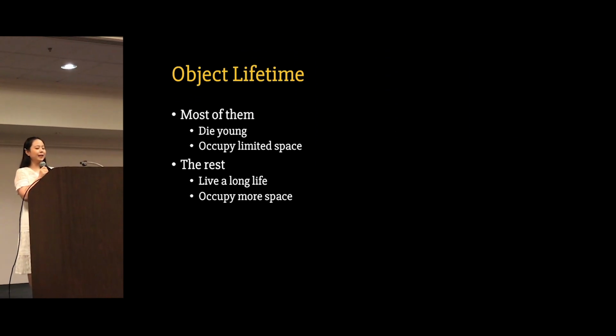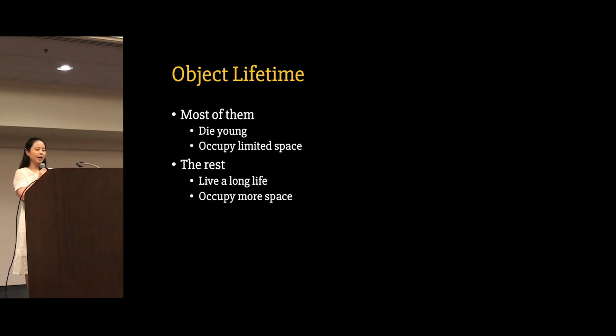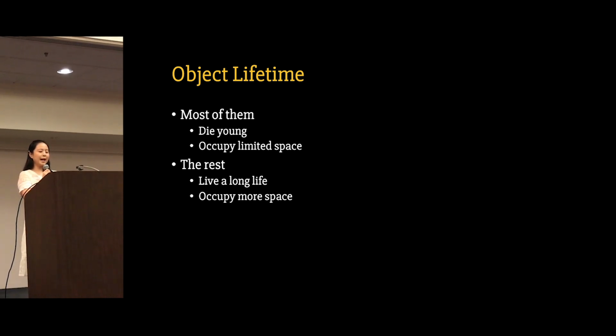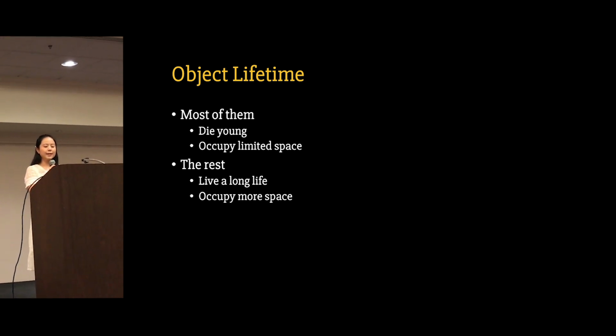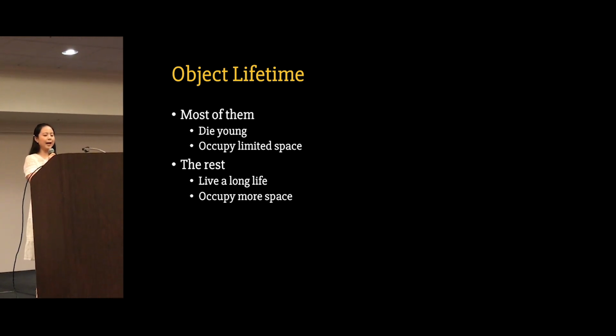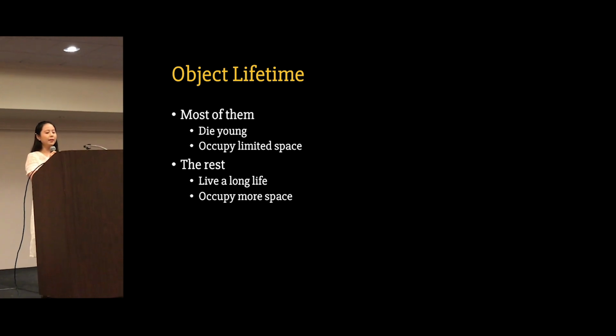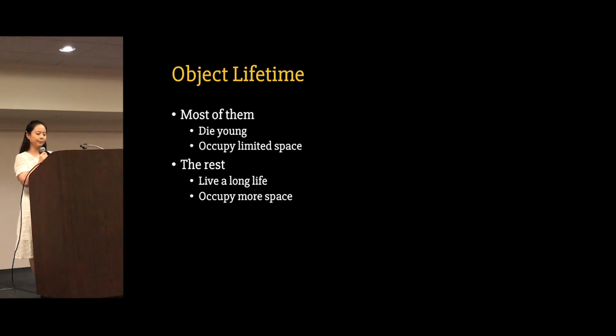When we look at the lifetime of objects, we may find an interesting result, that most objects die young and occupy limited space. For example, if the program goes out of a function, then the local variables defined in that function die. On the other hand, those who do not die young tend to live a long life and occupy more space.